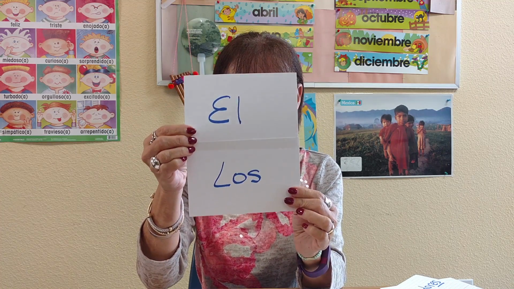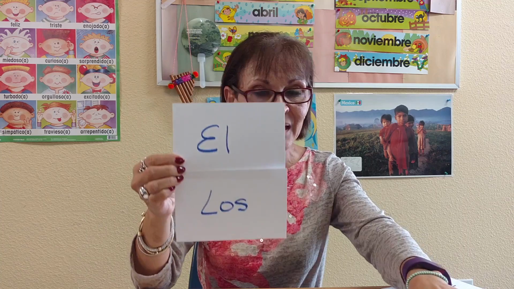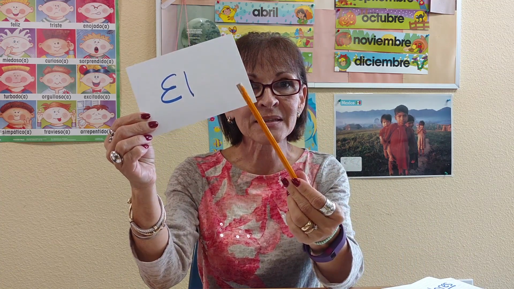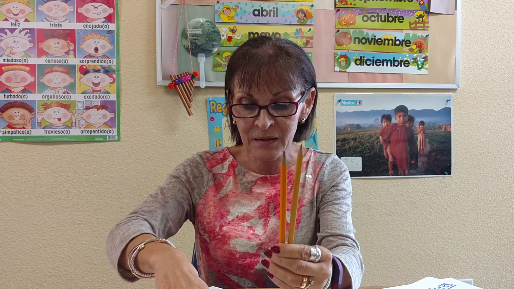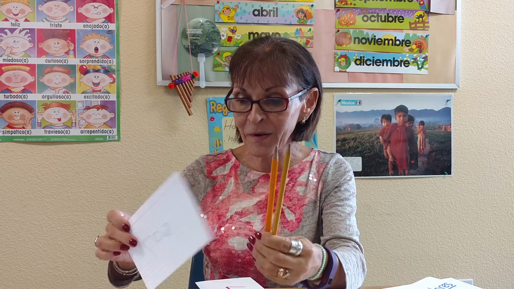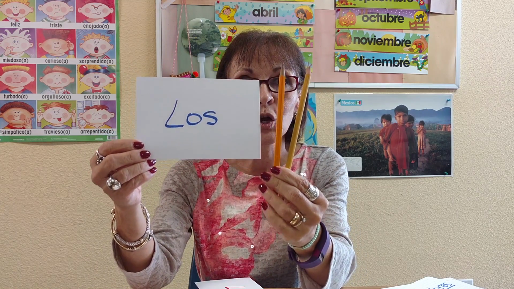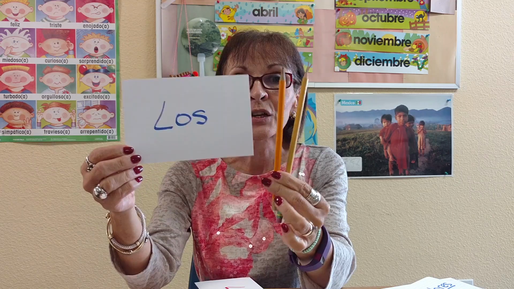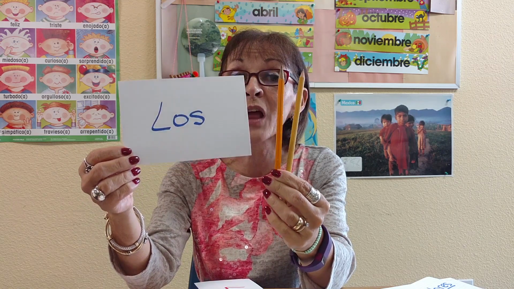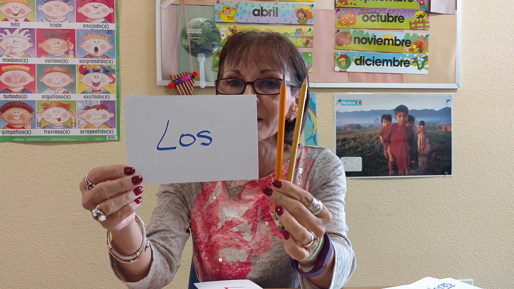So when we say el lápiz, but if we have more than one, we're going to say los lápices. So here we're going to pay attention to how to form the plural words in Spanish too.